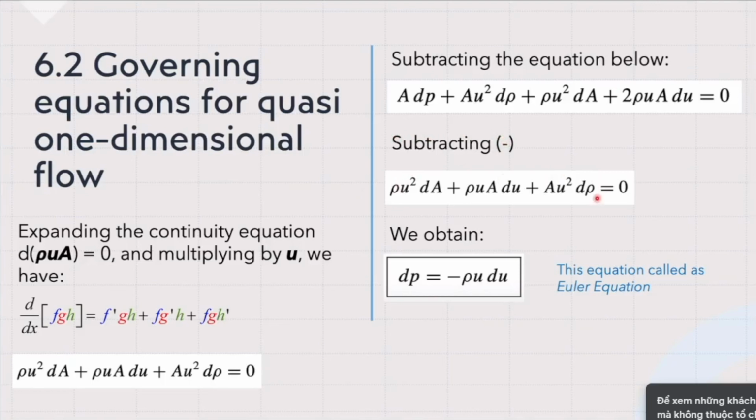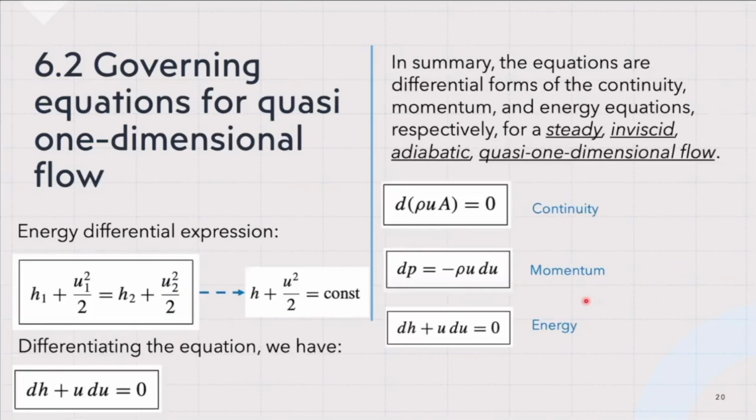We then obtain this, and finally we obtain an expression of the change in pressure, which is equal to the density times velocity times the small change in the velocity. This equation we call the Euler equation, right? So we already got the Euler equation for the quasi one-dimensional flow.